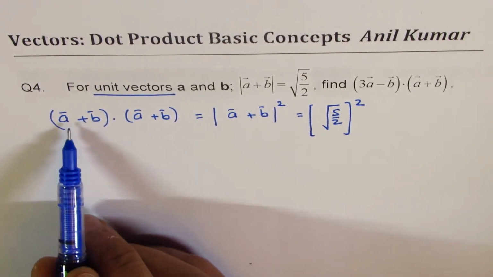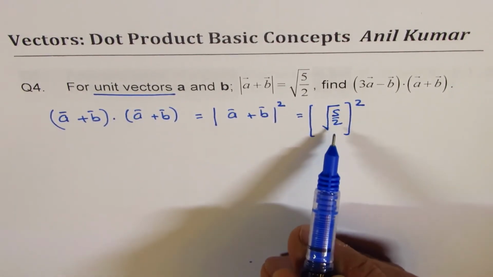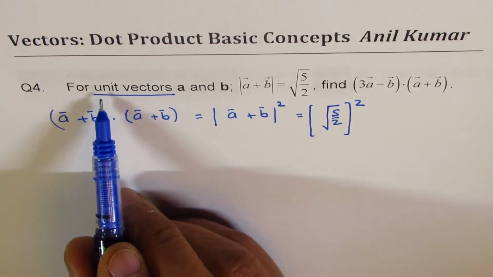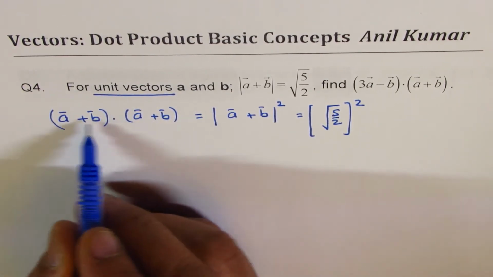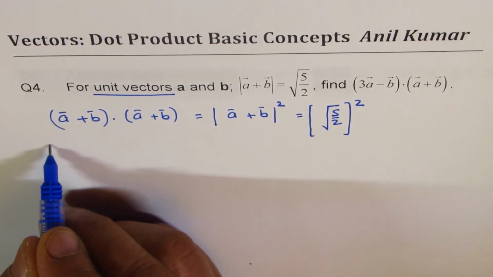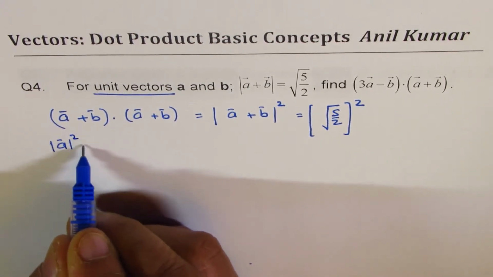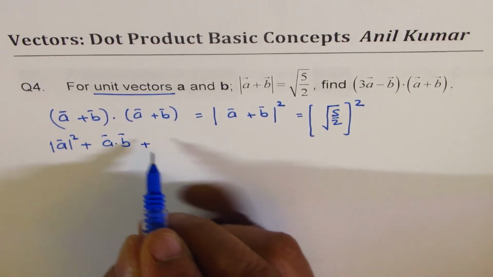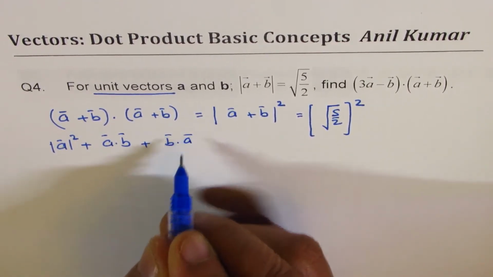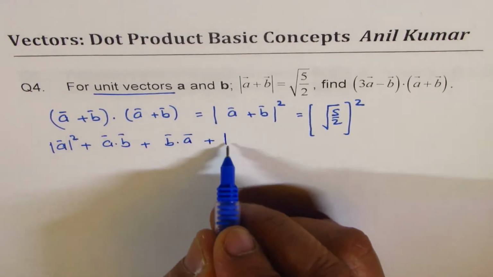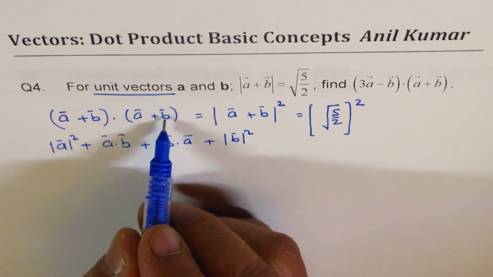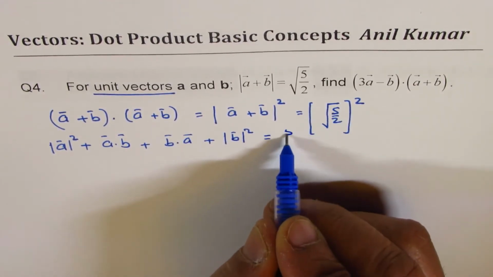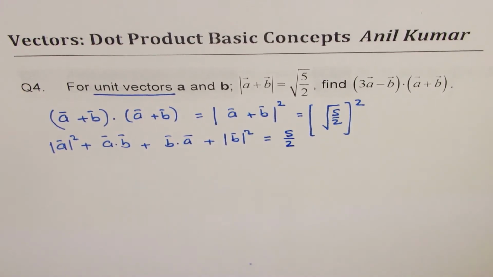Now we can actually do the dot product, equate it to 5 over 2. We already know that magnitudes of A and B is 1, right? So we get A dot A, which is magnitude of A square, plus A dot B, plus B dot A, plus magnitude of B square, that is B dot B, should be equal to, square is the number itself, 5 over 2.